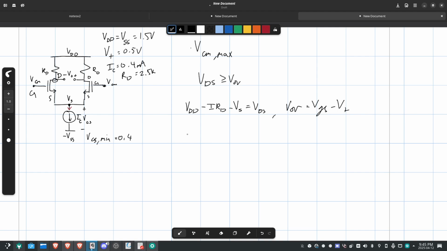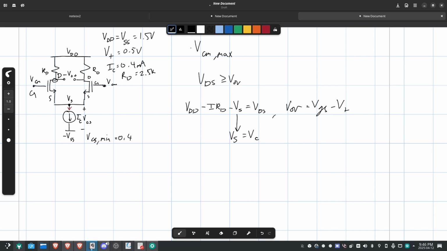Let's put that in. So we get VDD minus, or actually, let's just expand this a little bit further. What is VGS? VGS is, actually, sorry, we don't expand VGS. Not yet, not yet. We expand VS here, actually, and you'll see why in a second.